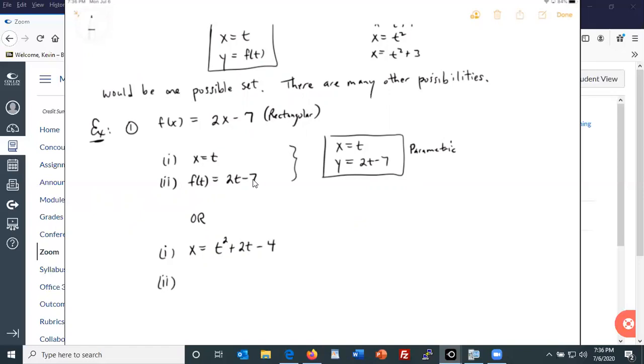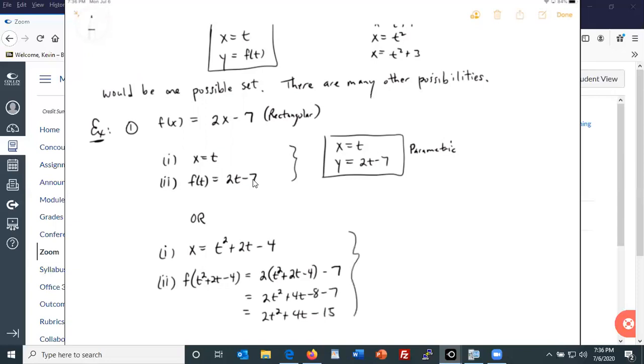All right. So then we would have to do f of that, f of t squared plus 2t minus 4. So instead of 2x minus 7, it's 2 times that minus 7, which can be simplified down to 2t squared plus 4t minus 8 minus 7, which is 2t squared plus 4t minus 15.